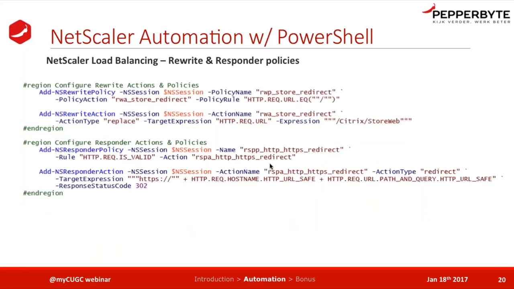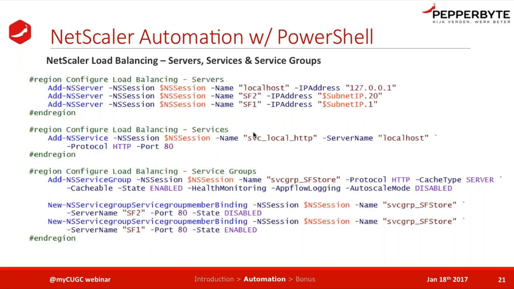And if we translate that into PowerShell scripts to automate that configuration, you'll notice that my script will start with some of the rewrite actions and responder actions and policies that I need to have in place. It will continue by creating the servers, the service for the HTTP to HTTPS redirection, and the service group that contains the 2 StoreFront servers.